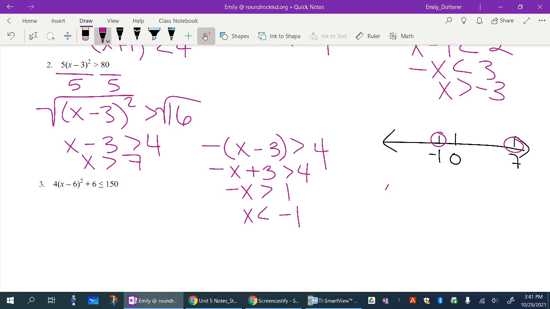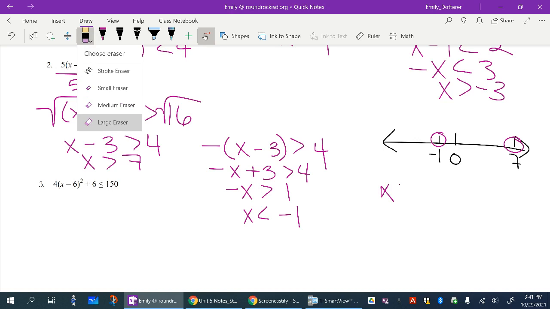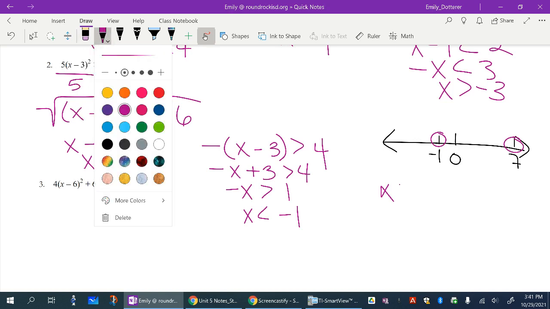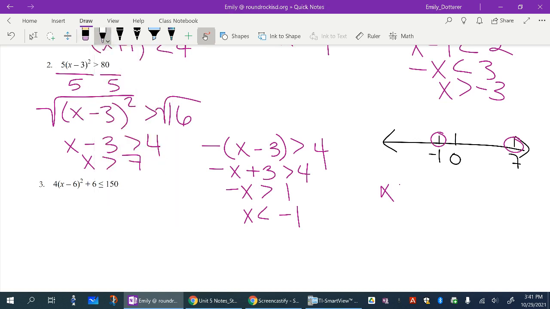We have x is greater. That doesn't look great. There we go.